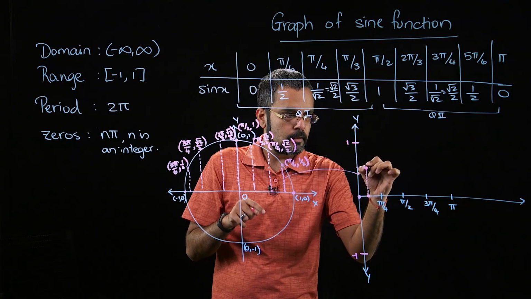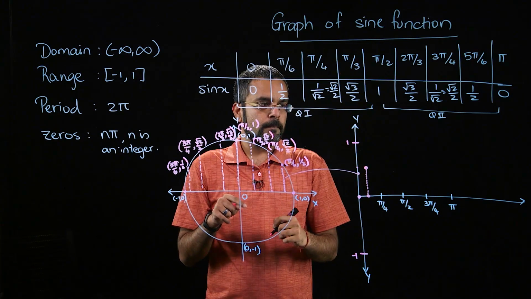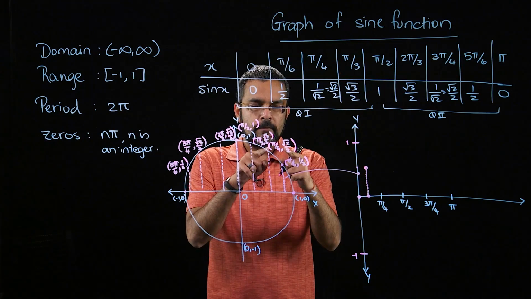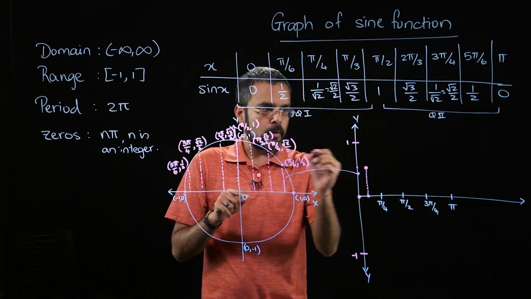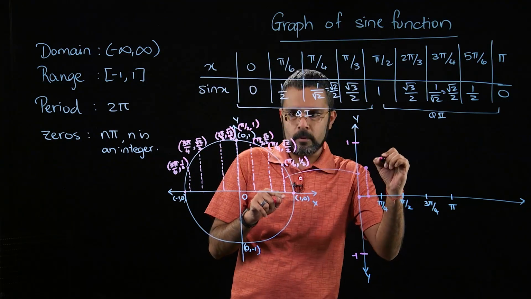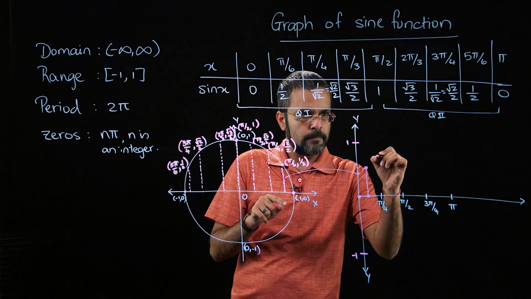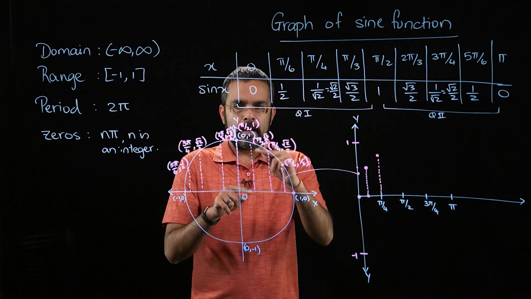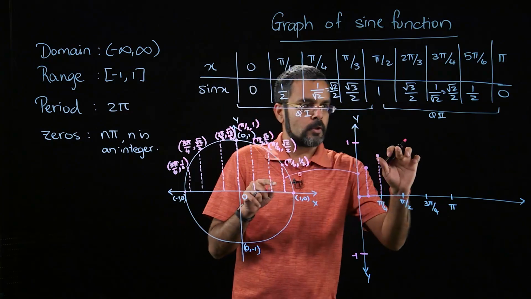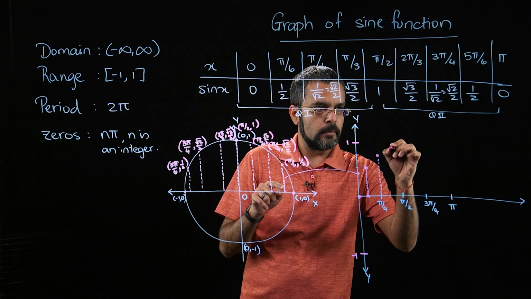and so that's the height that my point is going to fall at. Okay, and then I have root 2 over 2 at pi over 4, which is this segment over here, so it's going to go about this height here. Okay, then I have root 3 over 2, which is going to be somewhere around here.